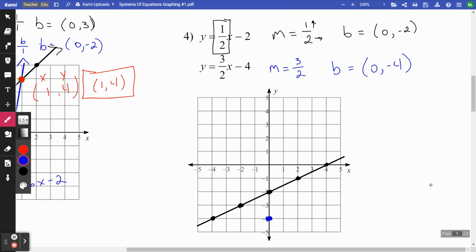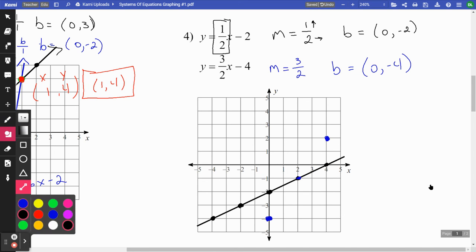I'm going up 3, 1, 2, 3 to the right 2. That puts that right there. Up 3, 1, 2, 3 to the right 2. That puts it right there. Draw your line. Take your ruler, your straight edge, your ID badge. Draw your line.